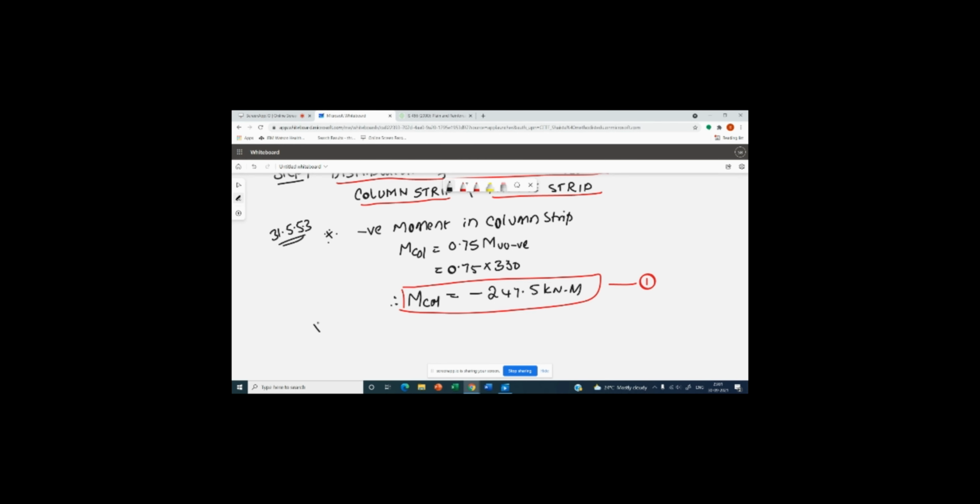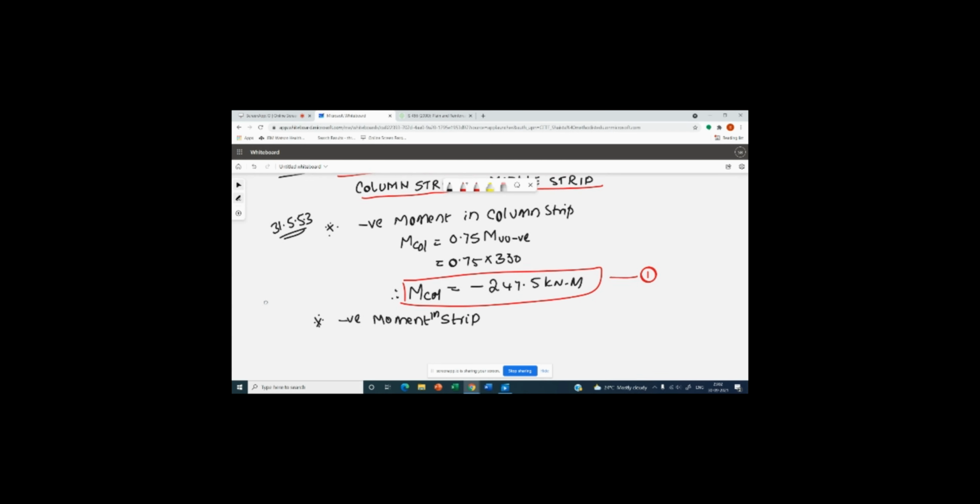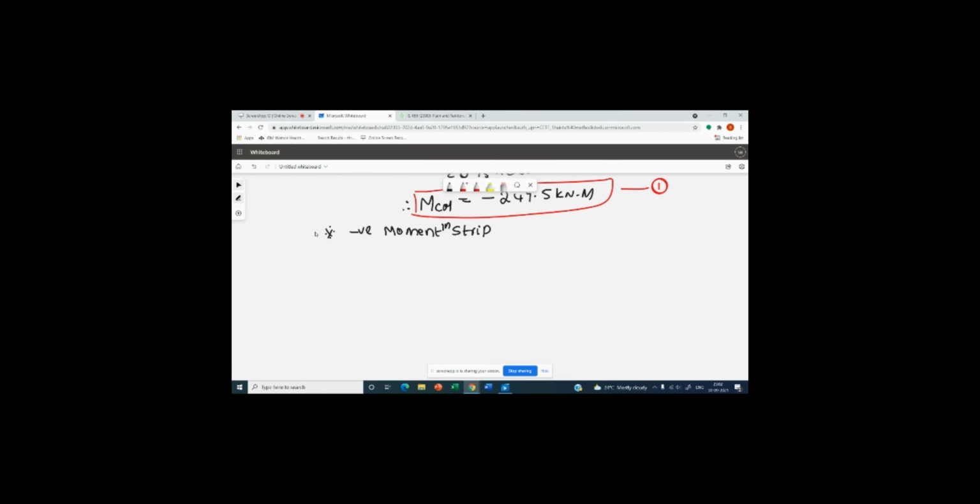Same way, let us do the negative bending moment in the middle strip, the remaining one. You can calculate either way. You can just remove 247 out of 330, and whatever you get will be provided in the middle strip. Or because 75% is gone, the remaining will be 25%.